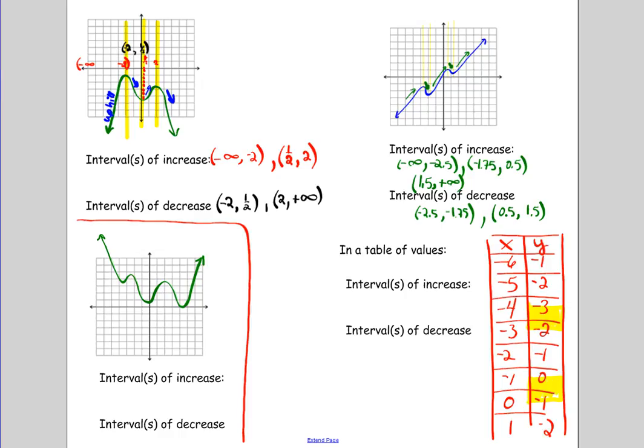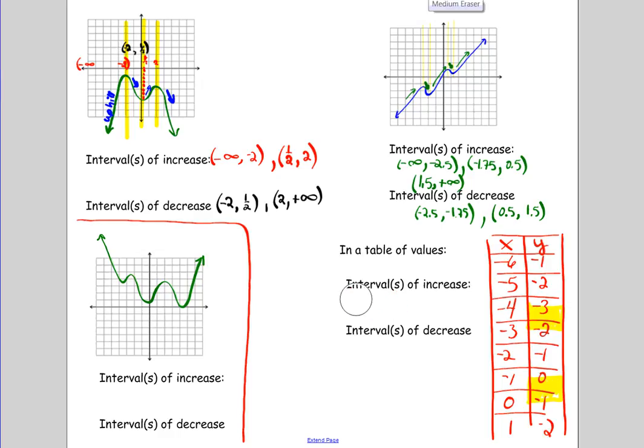And my interval of increase would be -3 to, I'm thinking -1. Somewhere in between there.